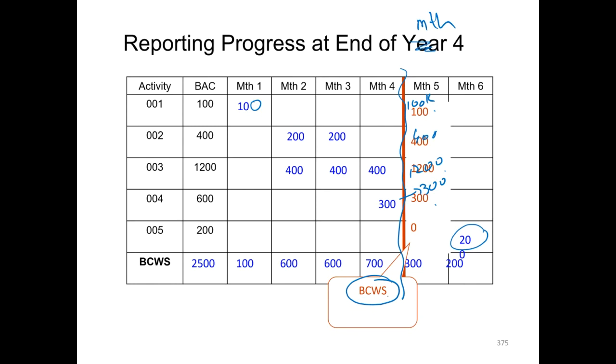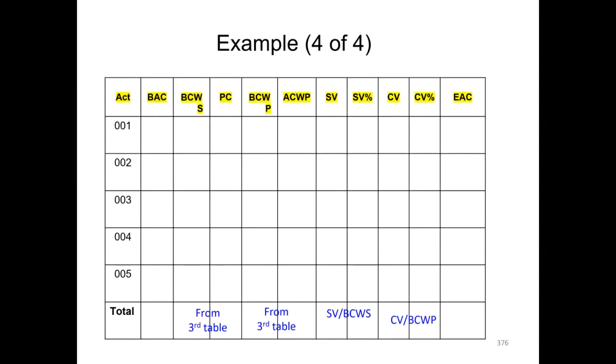So according to the scheduled work, we should have spent this much amount of money by end of month 4, right? So this is the table which we use to complete our earned value analysis calculations and to identify estimated cost at completion.